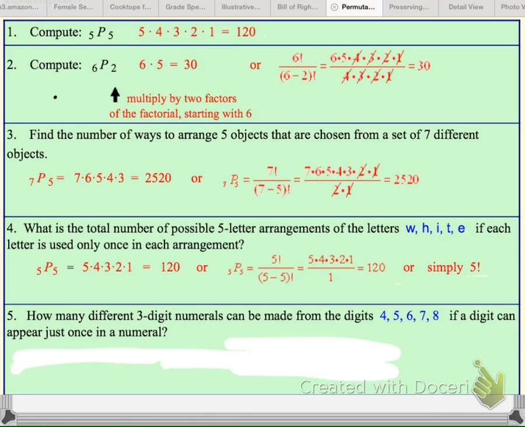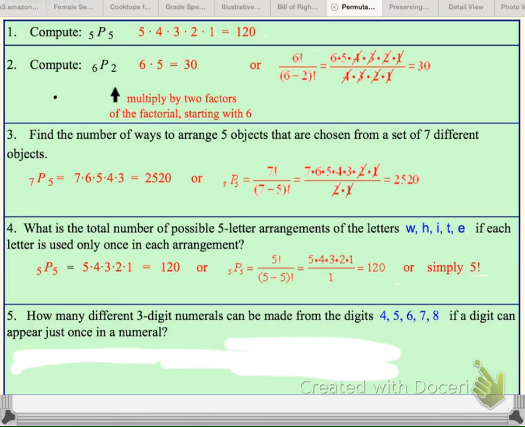Or we're doing 5 factorial over 5 minus 5 factorial, and 5 minus 5 is 0, and 0 factorial is 1. Remember, 0 factorial is 1, and 1 factorial is 1, which is still 120. You notice they could have done that up here, but they didn't show you that second way on this one, but these 2 problems are really exactly the same thing.